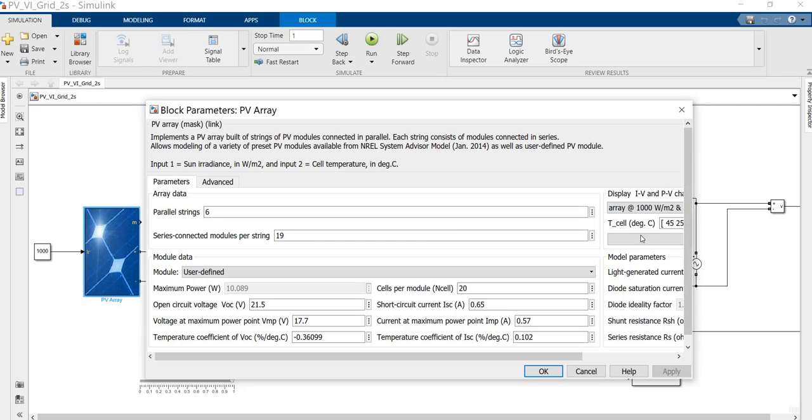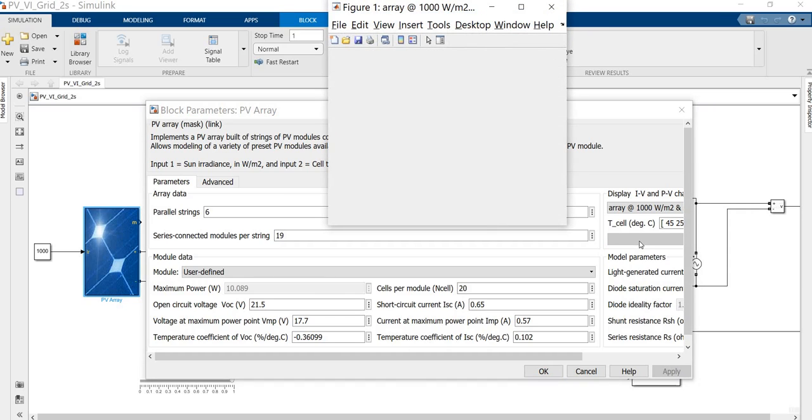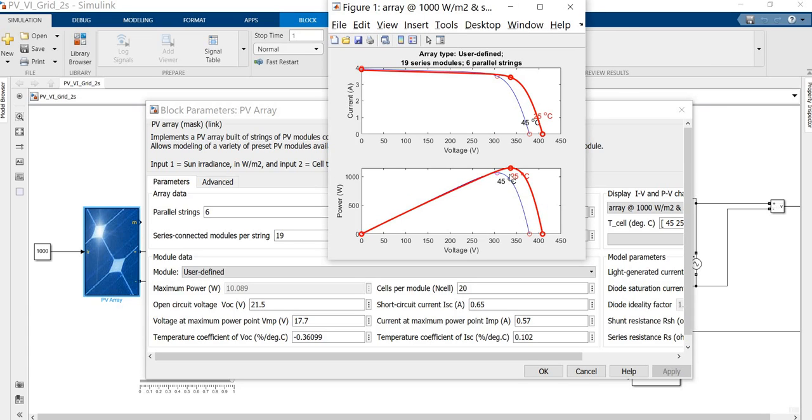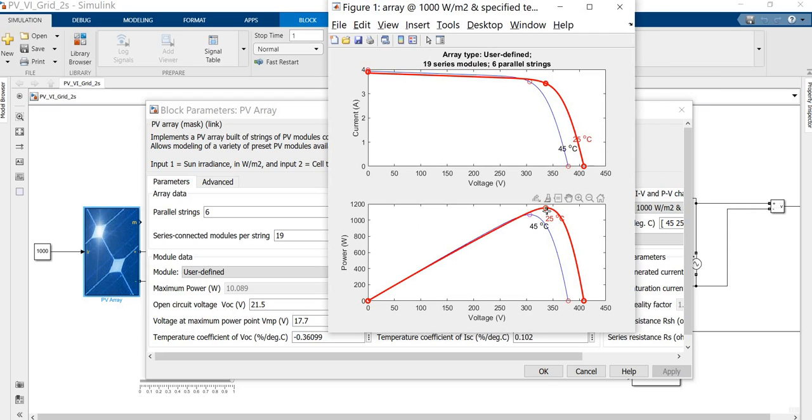So this is the 1 kilowatt peak. The overall value we obtained is 1 kilowatt 150 watts, that is 1.15 kilowatts.